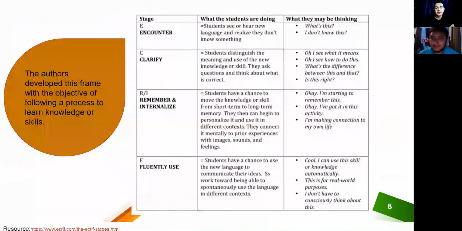To make students go through these reactions, right? If they encounter, students will react like, what is this? I don't know this. To clarify, they should go like, this is it. That's right. Remember it. Internalize, they should practice with personal experiences, and fluent use, they should be free to practice. So try to look for activities that suit this, and as you said, being patient.